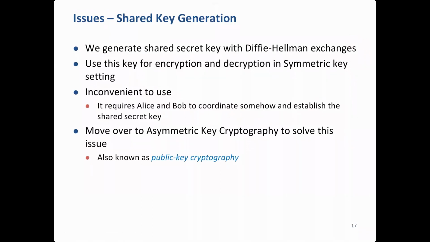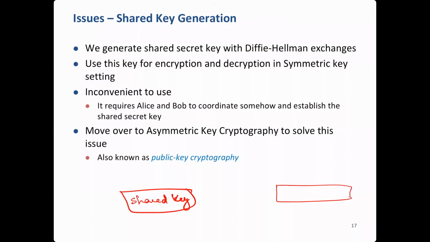We have seen all these issues with Diffie-Hellman. First, Alice and Bob generate a shared key based on some parameters. What are those parameters? A and B. From these we create public keys, exchange them, and use public and private keys to get something.